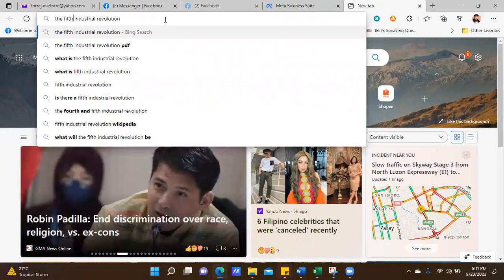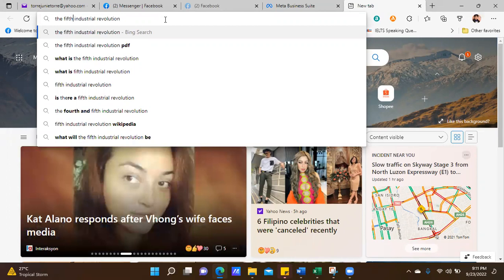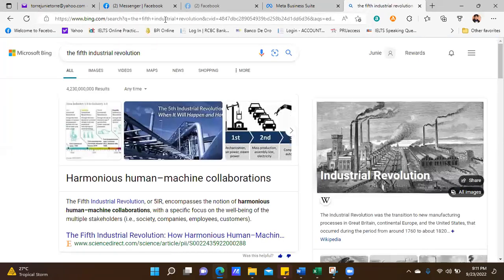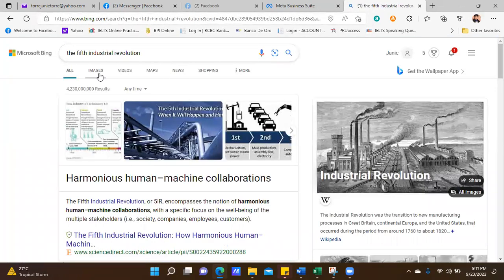Alam mo saan nag-umpisa yung Industrial Revolution? Does anybody know? Sige, manghula nga kayo. What country? That one, the image of factories bellowing smoke into the atmosphere. Guess nga, before we end the recording.